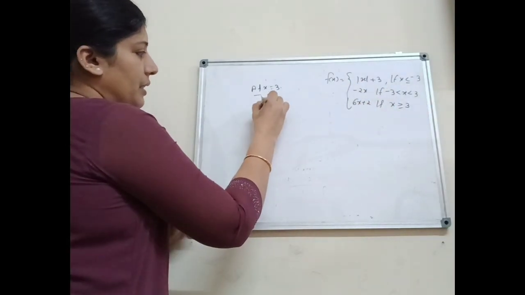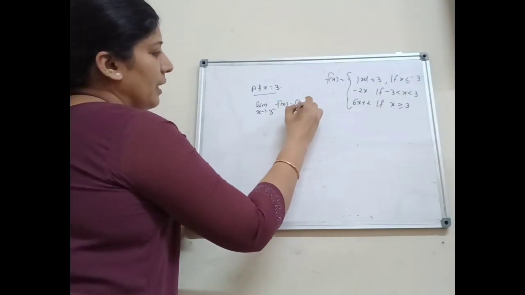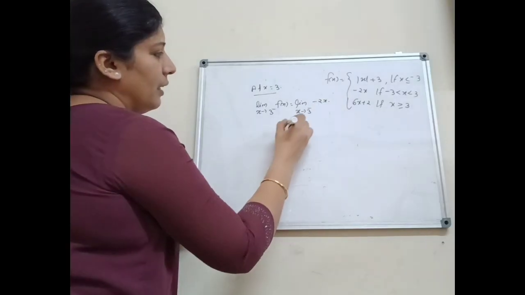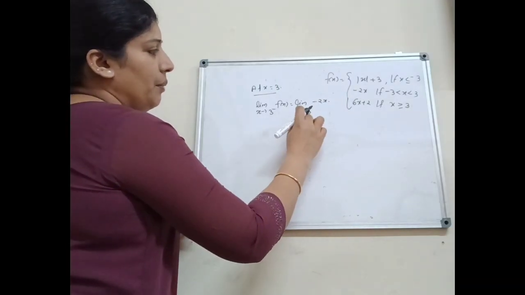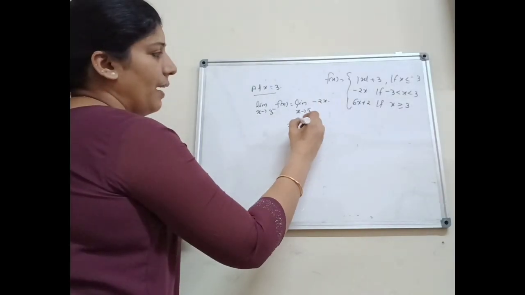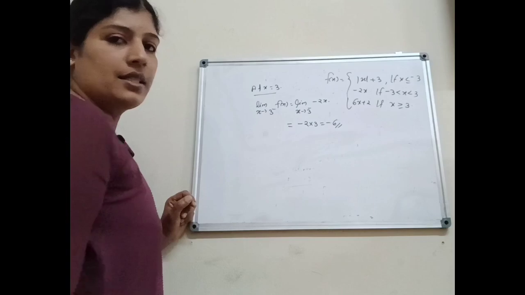So the limit as x tends to 3 minus of f of x is minus 2 into 3, which is minus 6.